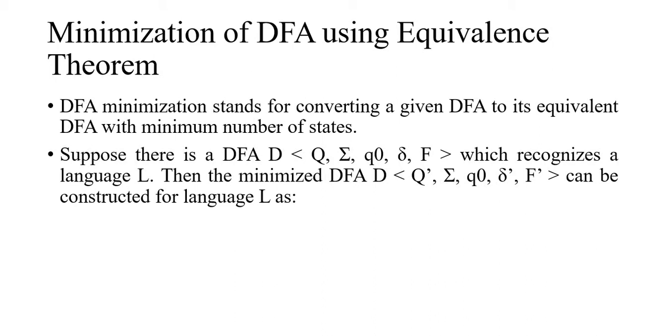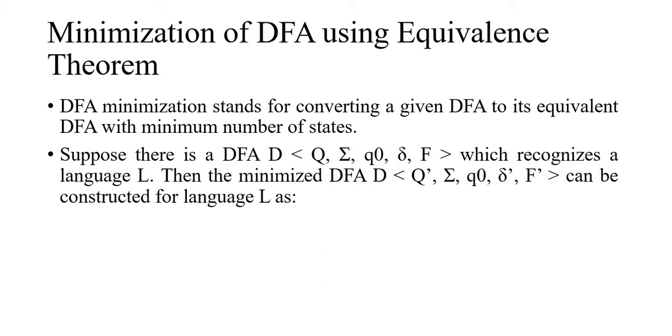It means that from the initial state you cannot access that state, which is known as an inaccessible state. Then after that, draw the state transition table for the given DFA.